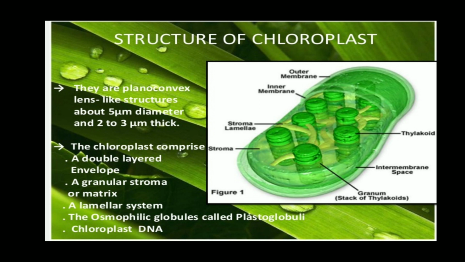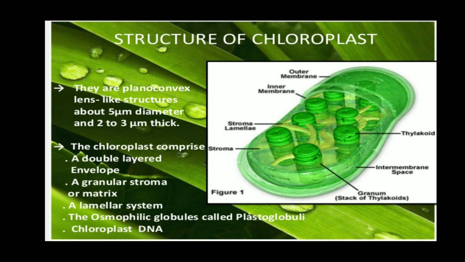Here you can see the space in between the outer membrane and inner membrane. Such a space is called the intermembrane space. Intermembrane means the space in between the two different membranes, okay? Then you can see the thylakoids arranged vertically forming the structure of grana.